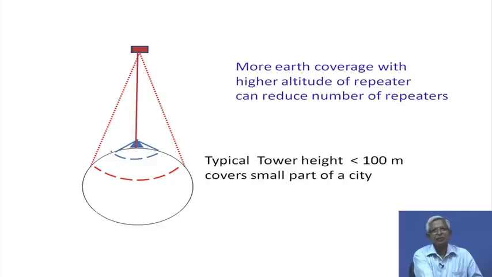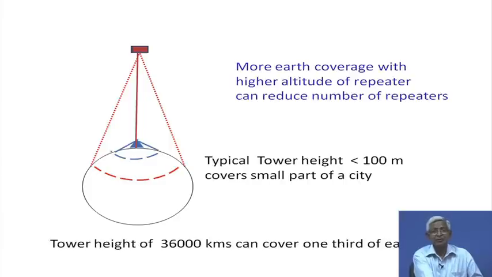On top of the tower we can put a repeater. Now, I am using for the first time the word repeater, which receives the microwave signal and transmits it back. So, more earth coverage is possible at a higher altitude, and that altitude is roughly calculated as 36,000 kilometers from the surface of the earth.